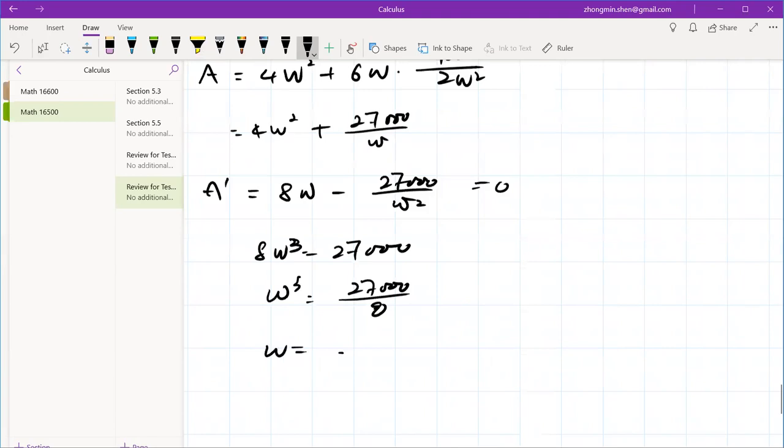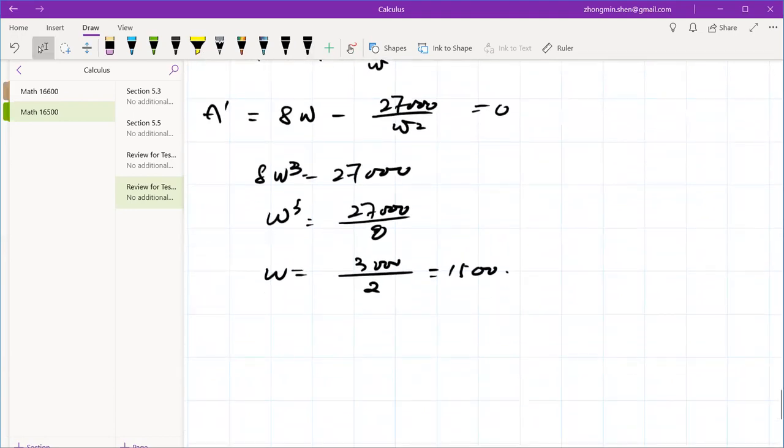So W is going to be 30 divided by 2, which is 15 units. So the length is, step by step, twice W, which is 30.